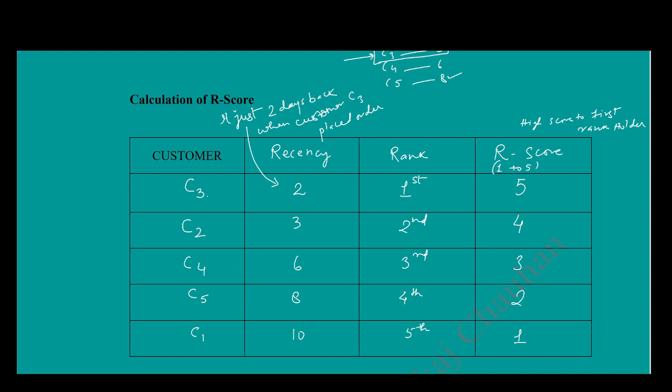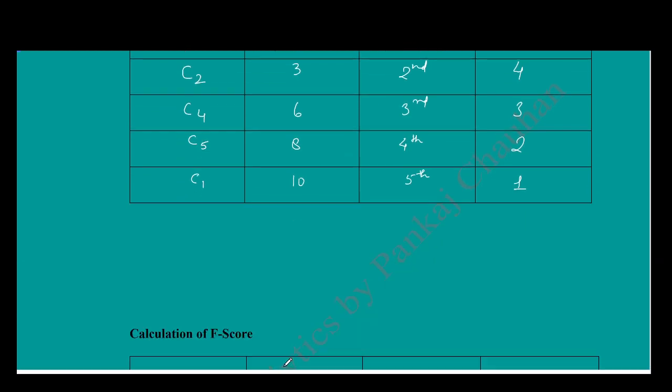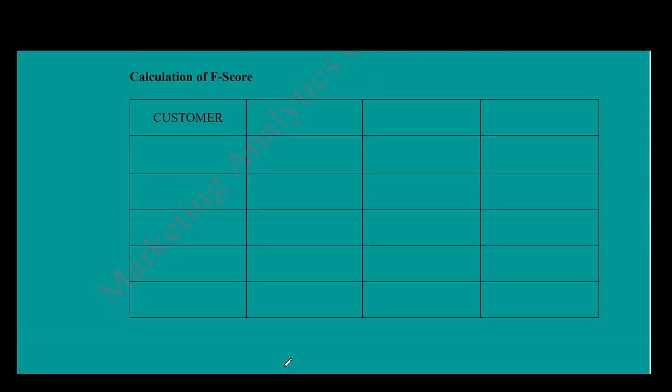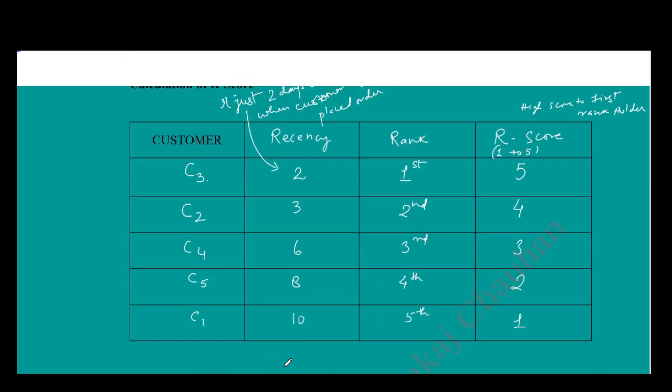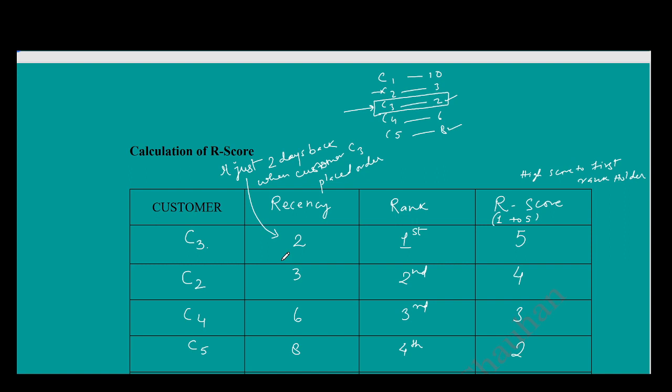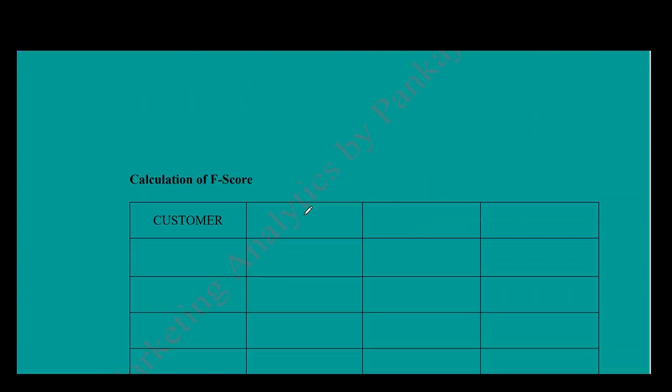Similarly, we'll do the similar kind of calculation for the frequency score. So now we'll see the F score. Now if you remember how we calculated the R score, we referred to the recency value. Like in case of frequency, we refer to the frequency value.